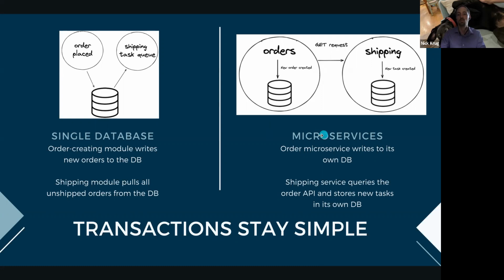And with the microservices world, what's going to happen is the orders microservice is going to push orders and items into its own database. And then the shipping microservice is going to make a GET request. And this orders microservice will have an API that allows it to send over all the latest order items to the shipping microservice for it to then store in its own database, work through the shipping queue.